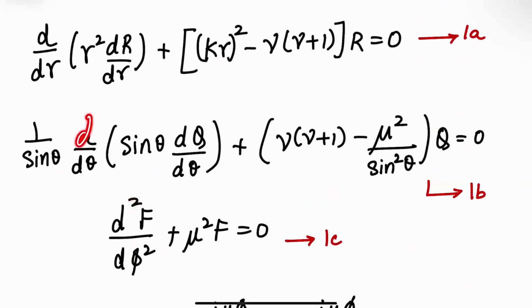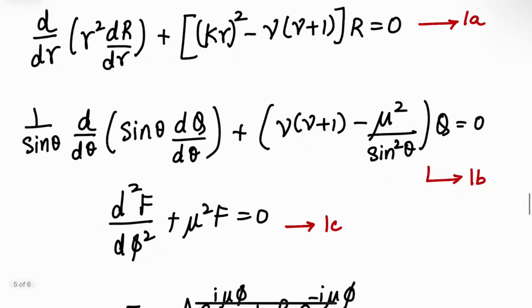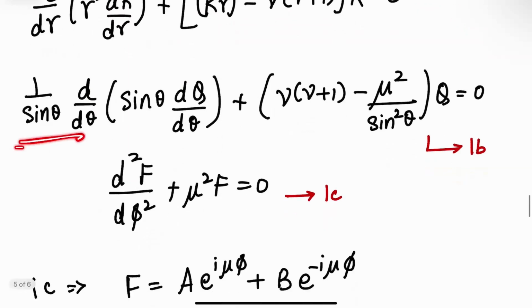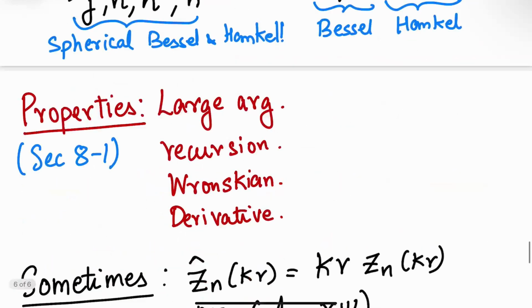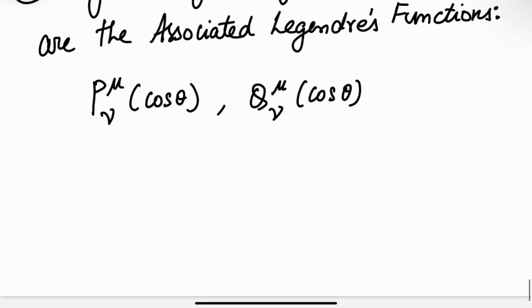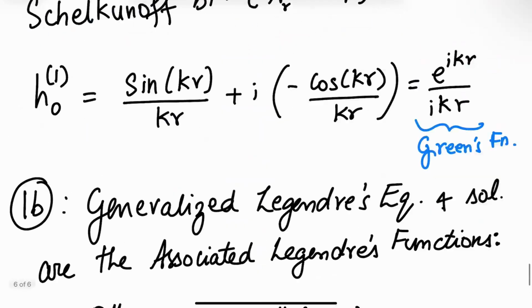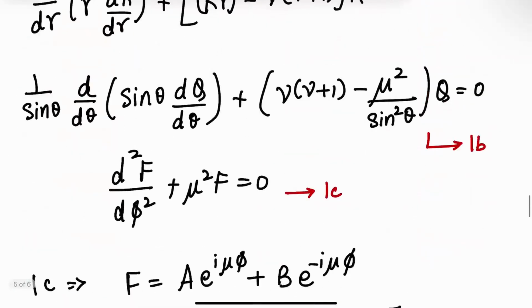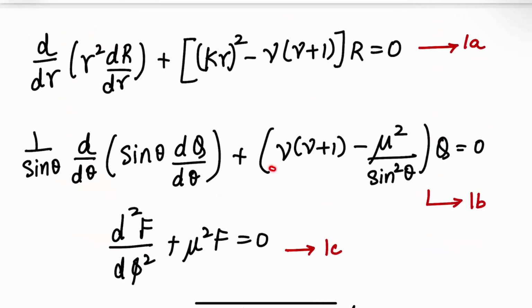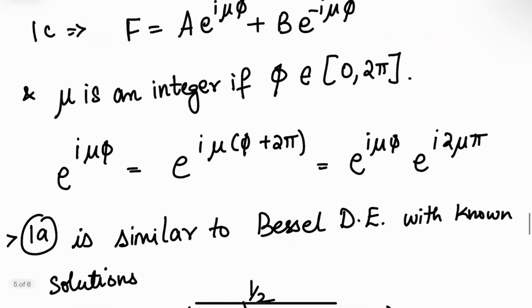Because they're second order, they should have two independent solutions. For this equation, the two independent solutions are P nu mu and Q nu mu. The reason we have nu and mu is because this equation depends on both of them.